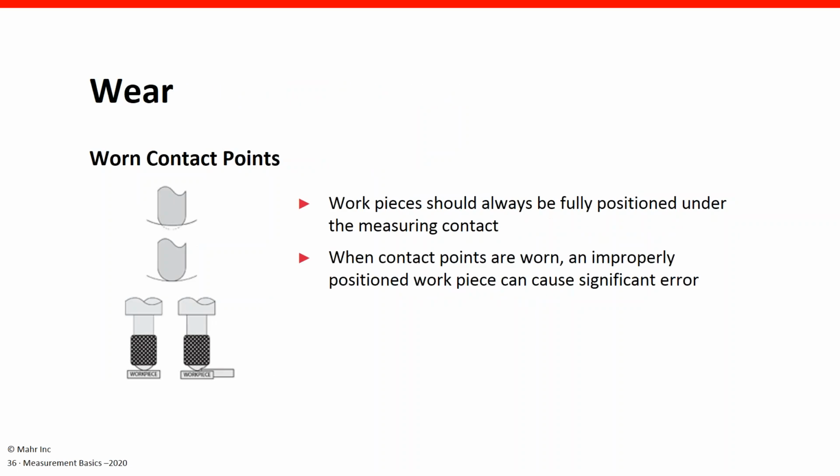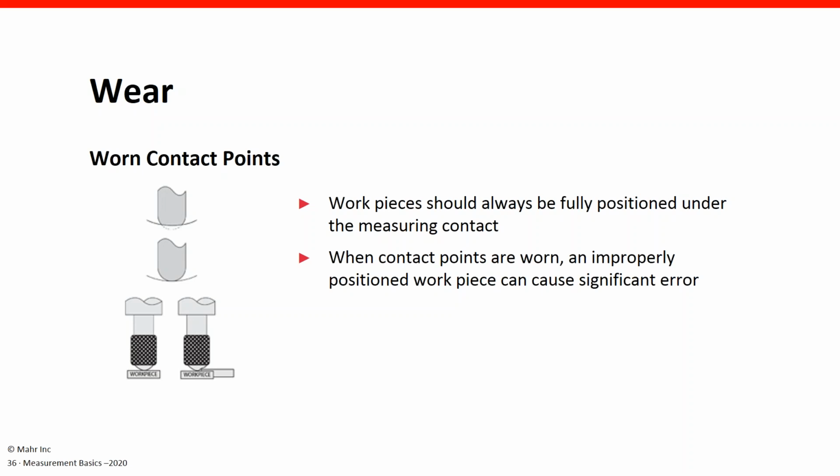Wear is a big enemy. One of the most common things we see is worn contact points. Sometimes the gauges are measuring millions and millions of parts over the years, and they're not looked at very closely to see how things are wearing on them. We want to make sure that we don't have worn contacts, chipped contacts, or parts put only partially underneath the contact.